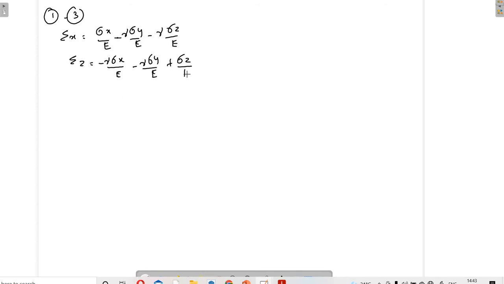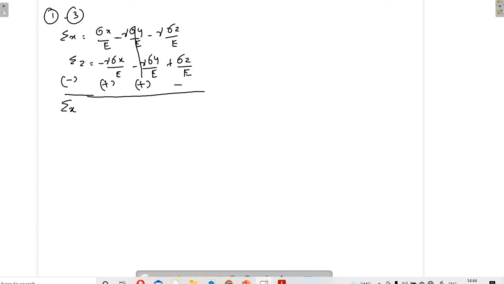So I am writing epsilon x is equal to sigma x by E minus nu sigma y by E minus nu sigma z by E, and epsilon z is equal to minus nu sigma x by E minus nu sigma y by E plus sigma z by E. So I am going to deduct. So minus plus, plus minus, minus plus, plus minus. So we can cancel this term.